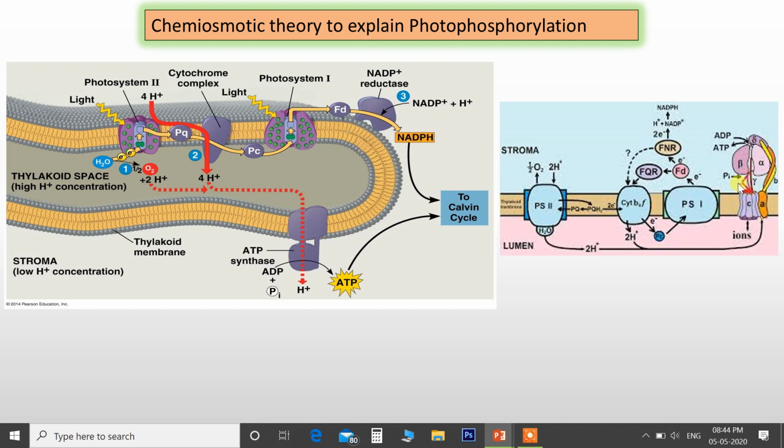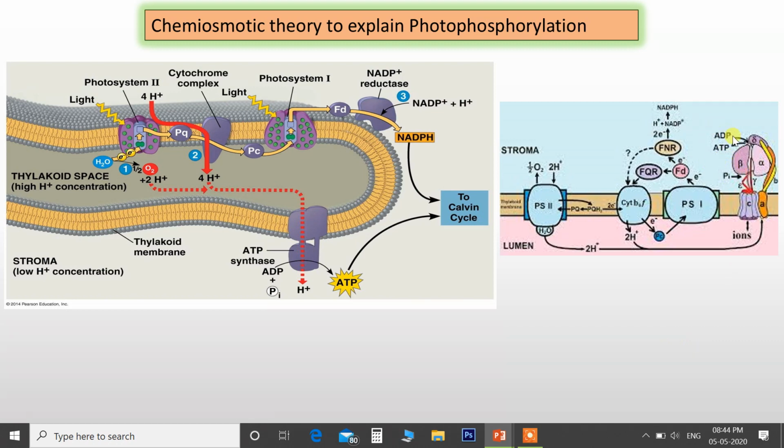The breaking of the proton gradient by the downhill movement of protons through this proton channel will lead to release of a sufficient amount of free energy, which will be utilized for the synthesis of ATP from ADP and inorganic phosphate.